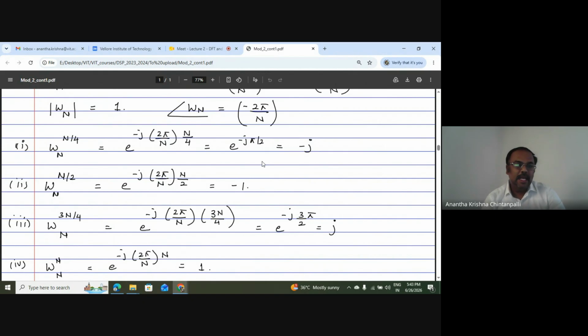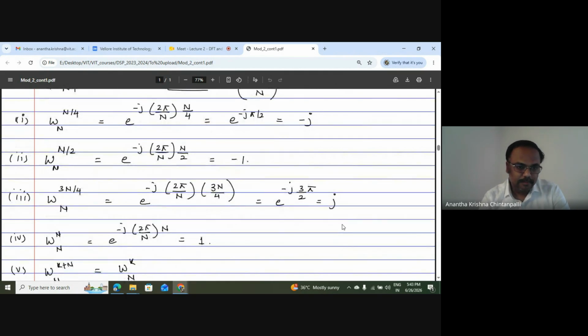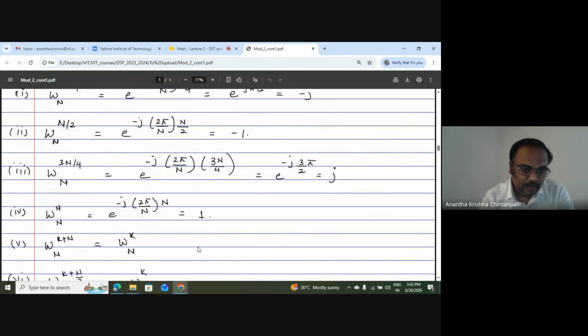Then Wn to the n by 2 is e to the power of minus j 2 pi by n times n by 2. So this is going to be minus 1. Similarly, Wn to the 3n by 4 is nothing but j. Wn to the n is going to be 1.